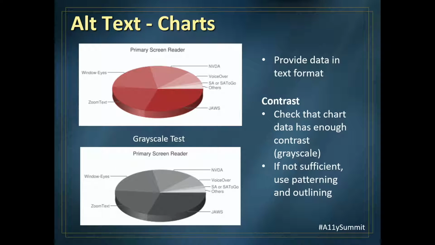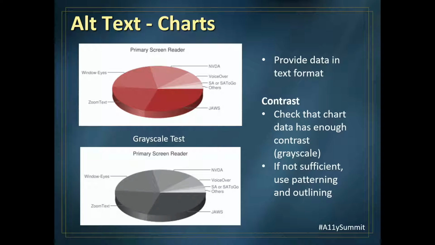Charts. You see them in documents, we use them in websites, news releases, different things like that. They are complex. And so how are we going to handle something like this? Again, you should keep alt text probably around 125 characters.